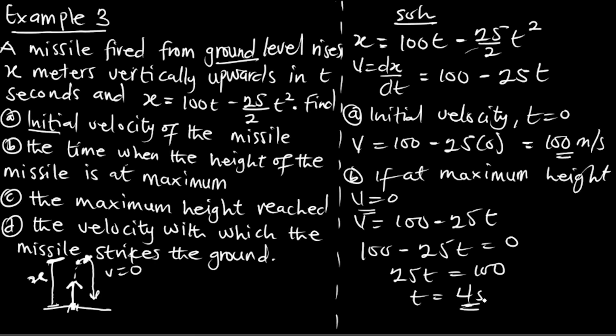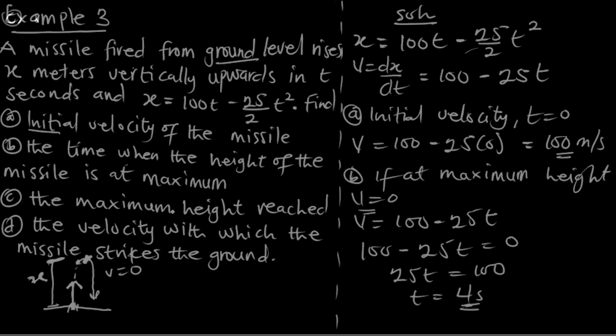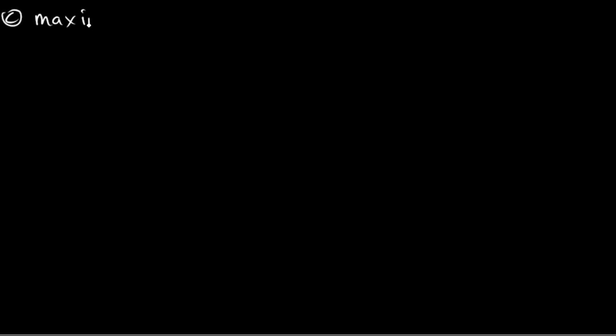Meaning if we put this maximum height time into the distance equation, we are going to get the distance it traveled from the ground to its maximum height. Are we okay? The maximum height occurs at t equal to 4 seconds. We saw at the B part that the time taken to reach the maximum height was 4 seconds.